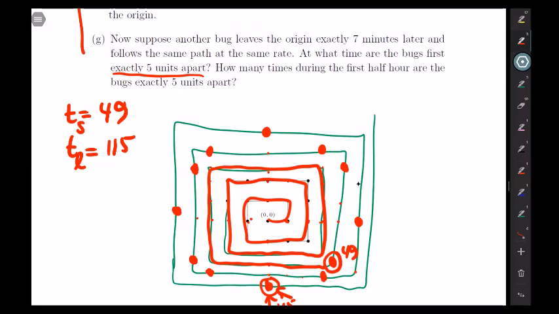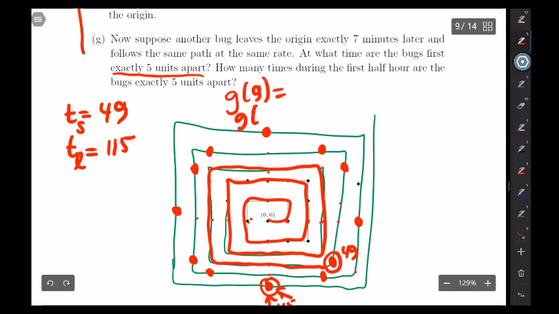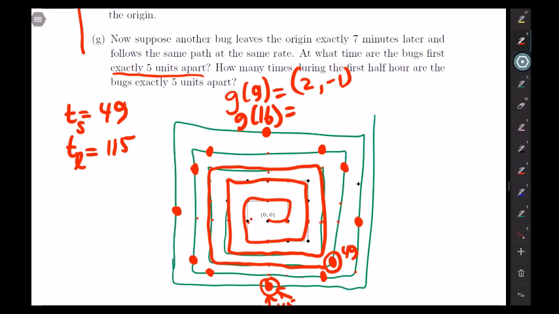Okay, because we are running out of time, let me write down the answer to this question. I think the first time it will be at time 9 and 16. So if you check g(9) and g(16), I think g(9) is (2, -1), and g(16) is (-2, 2). And if you check the Euclidean distance between these 2 points by Pythagoras, constructing a right triangle, the distance is 5 units.